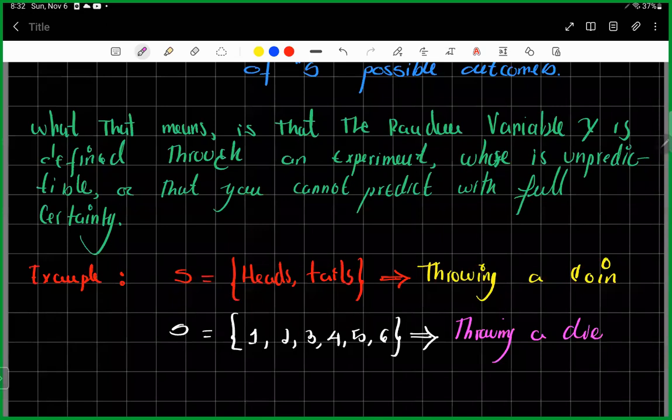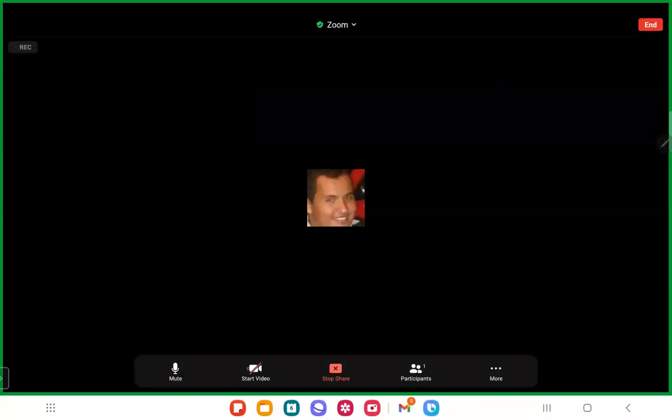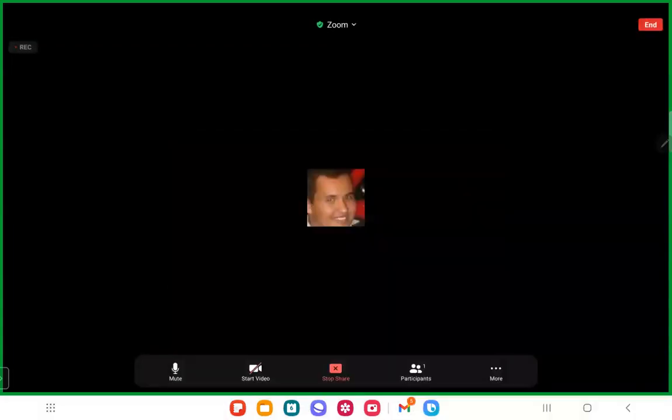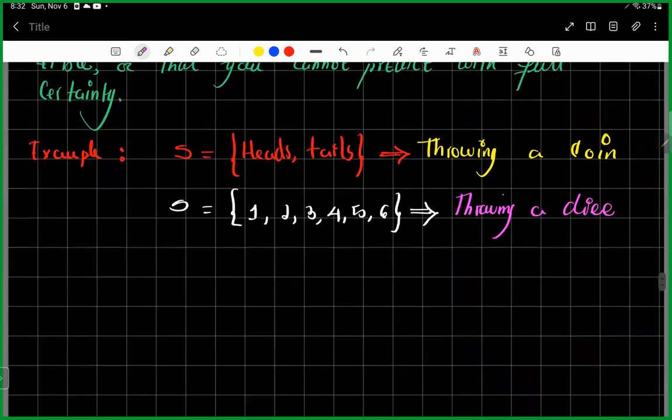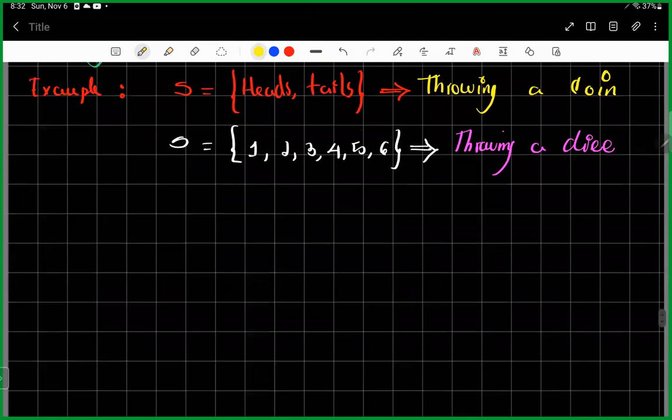Okay, so throwing a die. Very good. So these are a set of outcomes of a discrete random variable, okay?